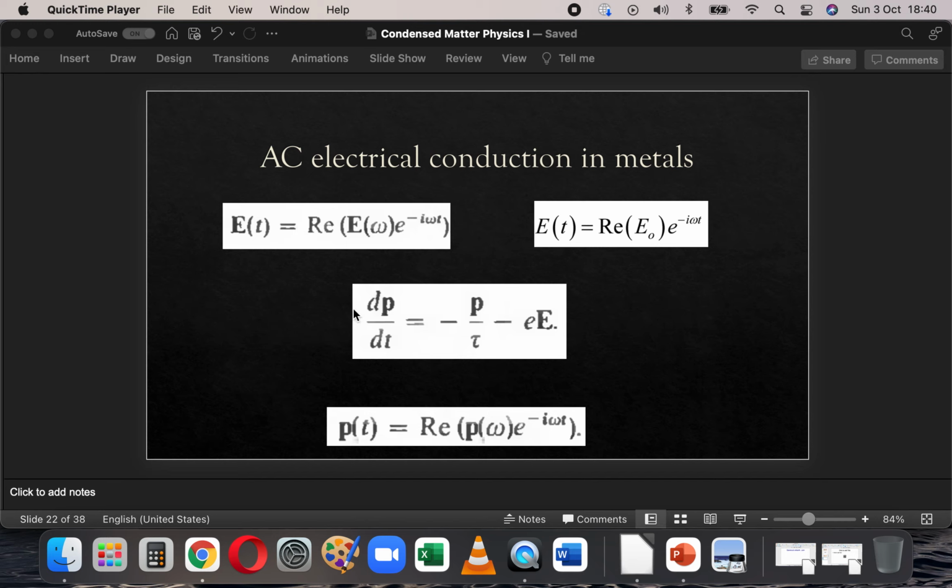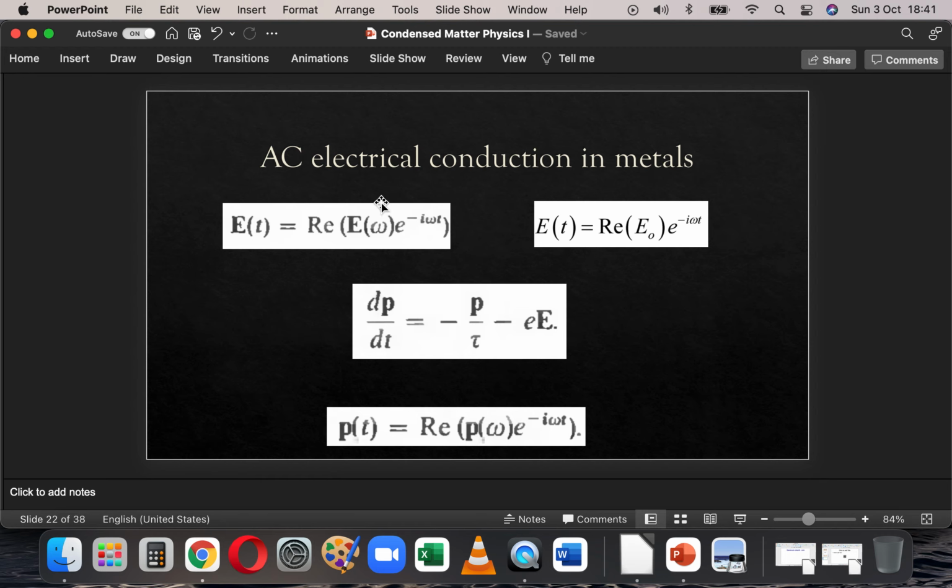Now this is the equation of motion we derived, and we will use that here, and this E will just be represented by this oscillating form. So immediately you can recognize that because the electric field is oscillating in nature, the momentum of the electrons will also become oscillating in nature and will also take up this form.